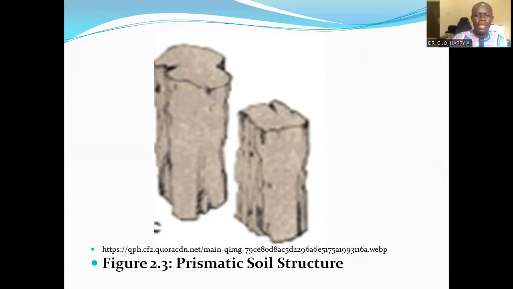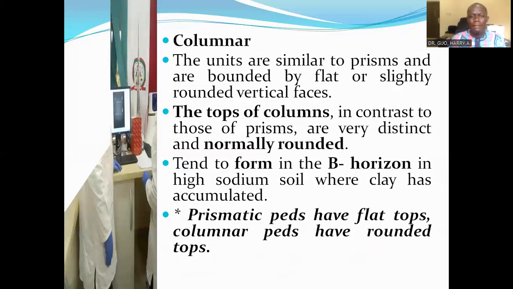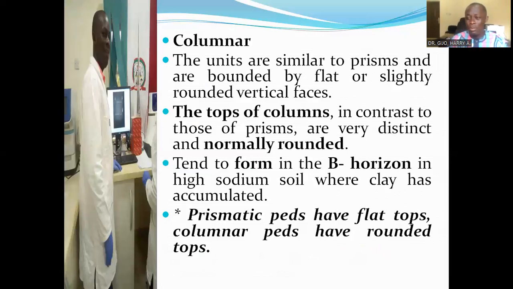Now, I want to look at the next structure, known as the columnar soil structure. The units are similar to prisms and are bound by flat or slightly rounded vertical faces. The tops of columns, in contrast to those of prisms, are very distinct and normally rounded.